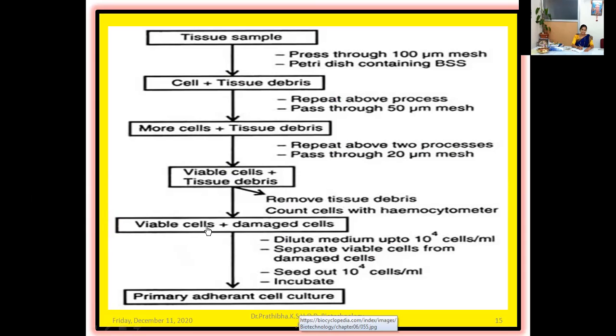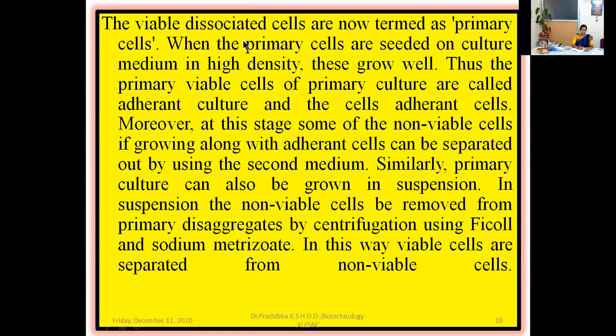Okay, then viable cells were taken and damaged cells were removed, dilute medium up to 10 raised to 4 cells per ml, separate viable cells from the damaged cells and seed out only the 10 raised to 4 cells per ml, then incubate and you are going to get your primary adherent cell culture. Okay.